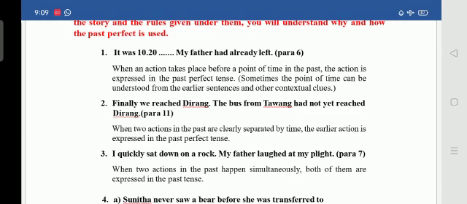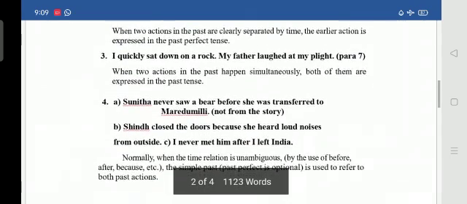So what they are saying, when two actions in the past are clearly separated by time, then the earlier action is expressed in the past perfect tense. See the third. I quickly sat down on a rock. My father laughed at my plight. This is in para 7.